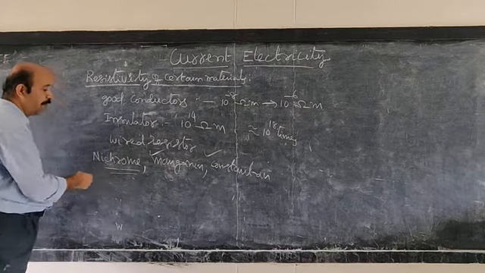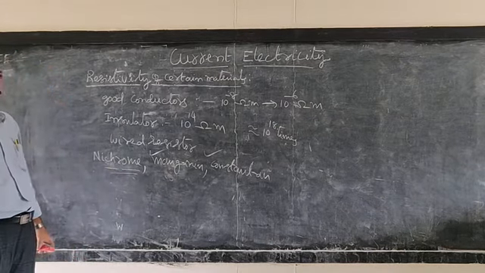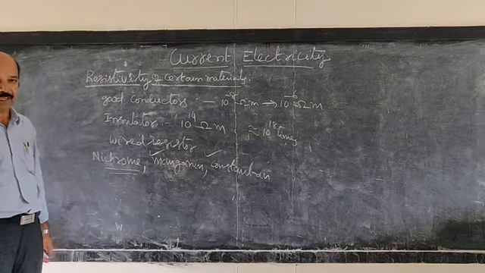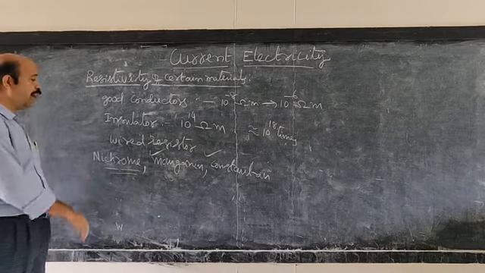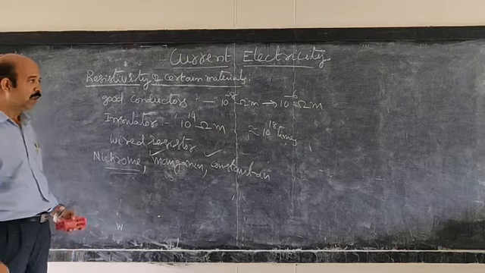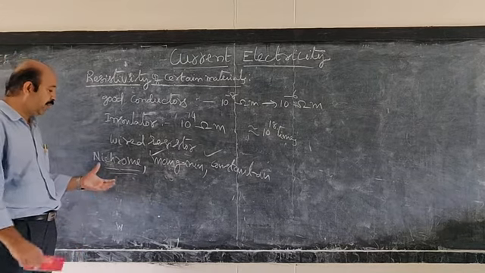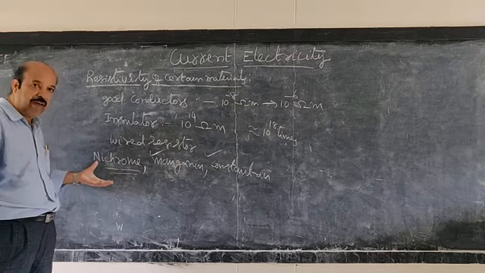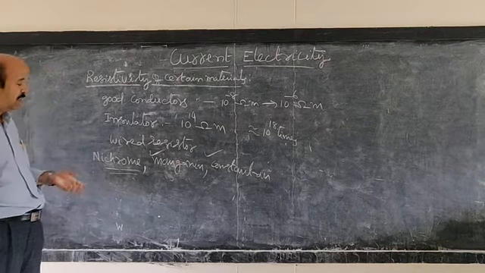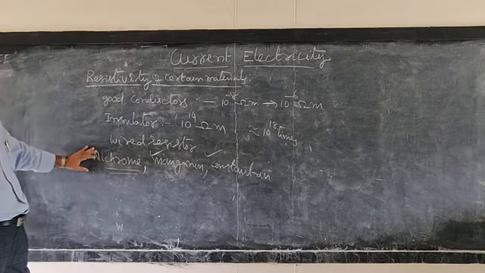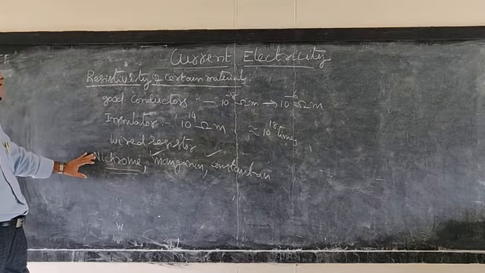Nichrome is an alloy of nickel, chromium and iron, which is used for making heating elements because it has a large resistivity, and even when it is red hot, it will not get oxidized. Therefore, it is used for making heating elements.